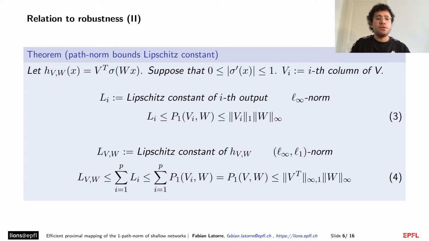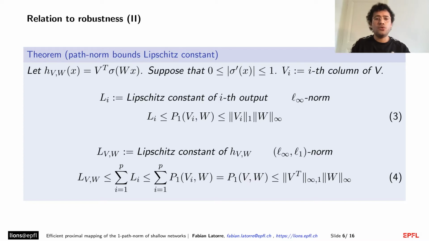Precisely, we find the following. First, equation 3 states that the one-path norm of the subnetwork corresponding to each output upper bounds the infinity Lipschitz constant of the subnetwork. The bound that we obtain in this way is better than the trivial bound that we can obtain by multiplying layer-wise matrix norms.